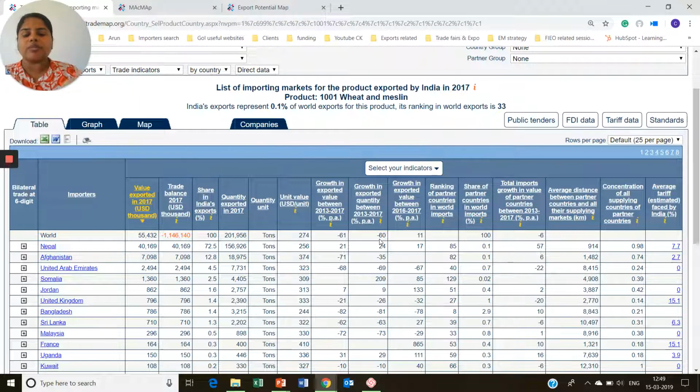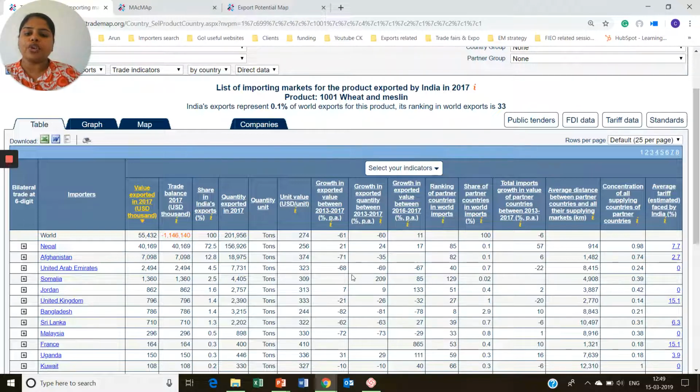This year, they will be able to export 124 tons of wheat to Nepal. But the rate will not increase much. They will not be able to get the same profit that they earned last year because the value is lesser. So there is a huge need for our wheat in Nepal, but the price has to be really competitive.